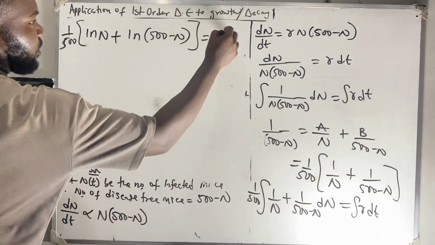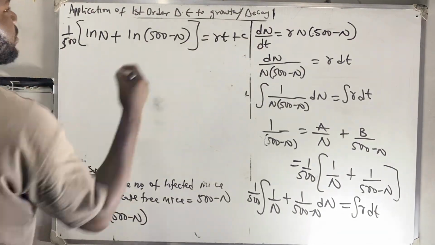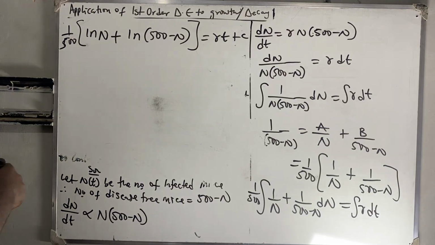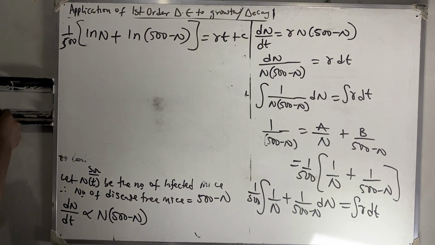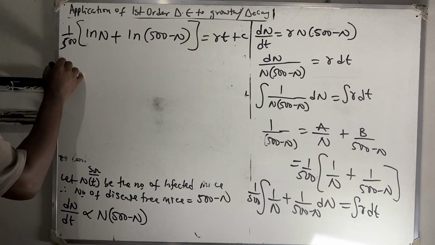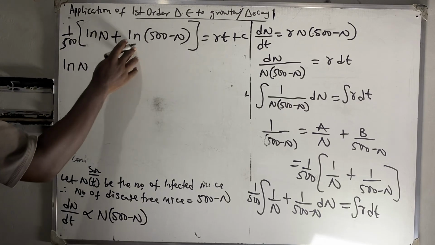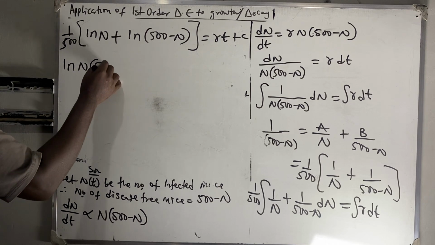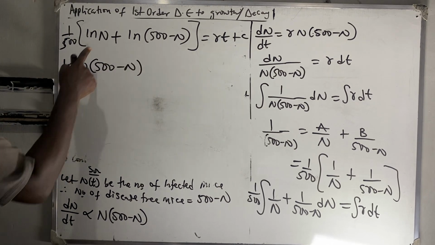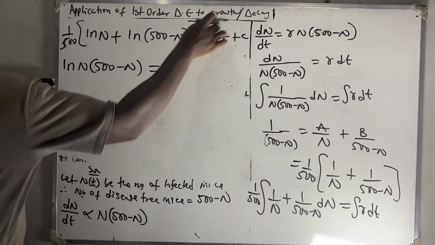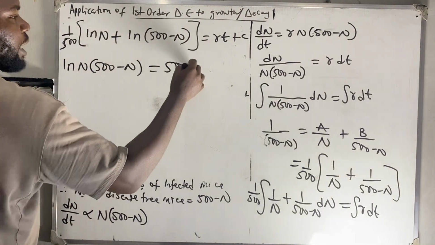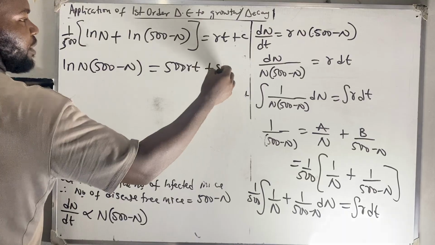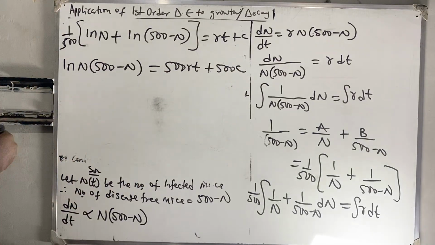This is rt plus a constant. So let's multiply both sides by 500. I have ln n plus ln 500 minus n, which according to the law of logarithm is ln of n times 500 minus n, equal to 500rt plus 500c.